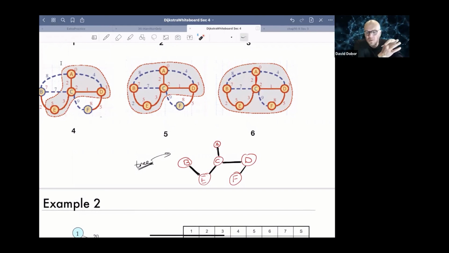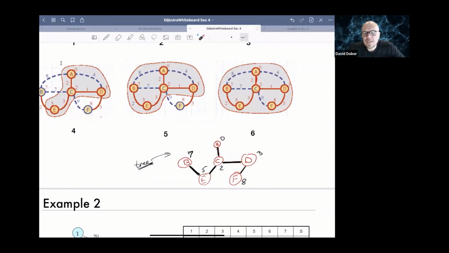Okay, I still have all the same vertices, but now if you annotate this tree with the costs of getting to them, which we keep track of as we run the algorithm. So pick any vertex that you'd like, and let's say F. In a tree, there is a unique path from any point to any other point.